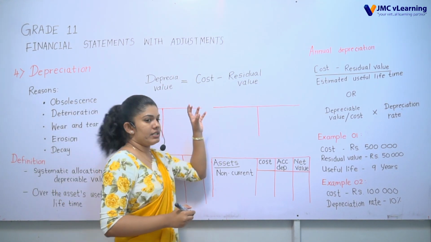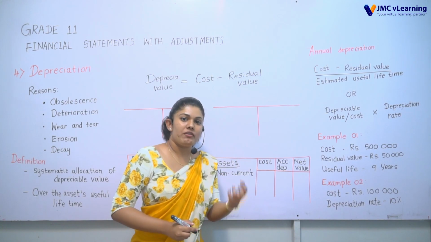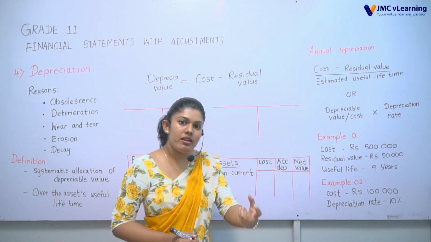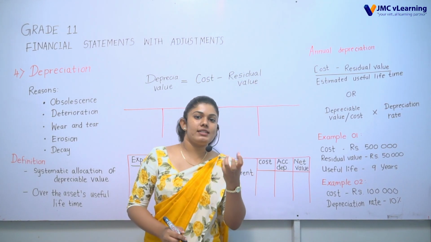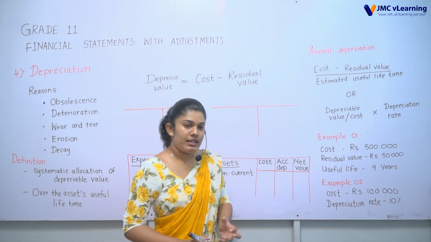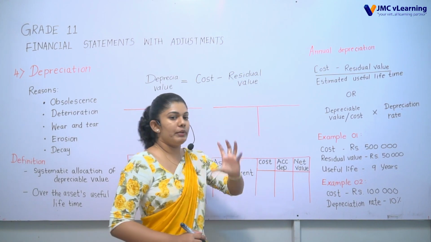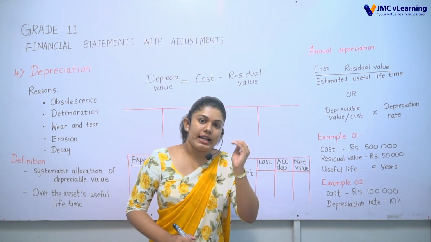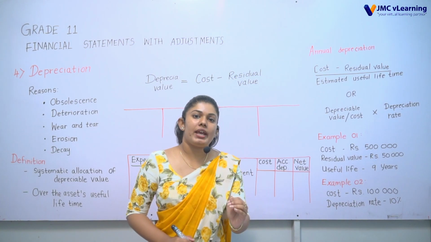Cost is the amount we paid in order to purchase a certain type of asset. And residual value means how much we can obtain at the end of its usage period.